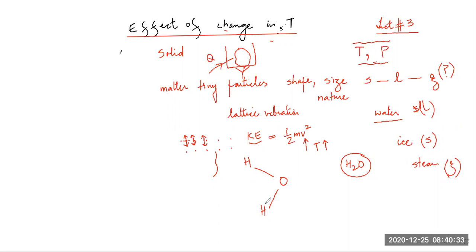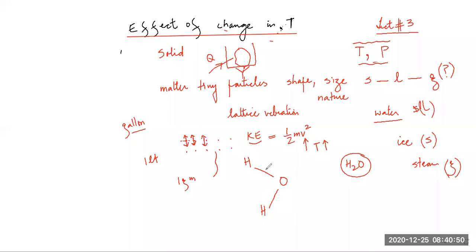Very good. Right, Nishan? Now, even if you take 1 gram of water, or 1 liter of water, or 1 gallon of water, everywhere you will see the structure is like this.